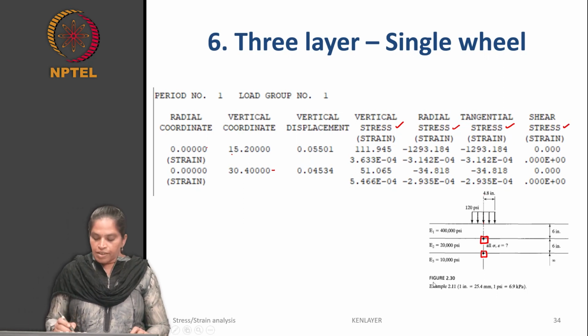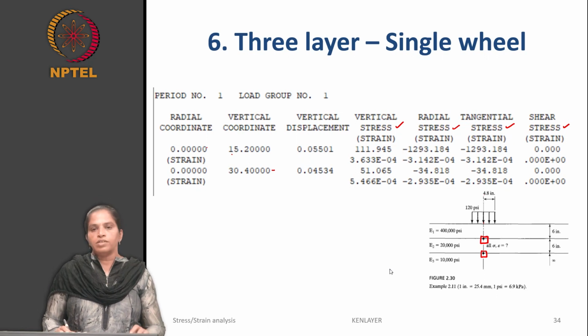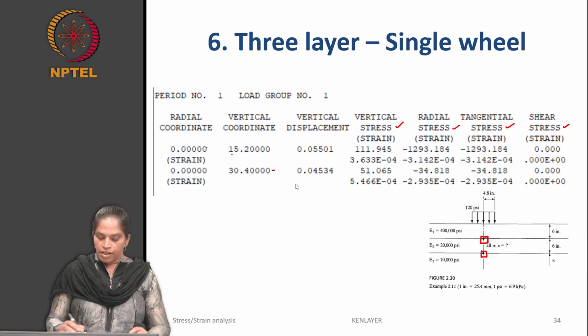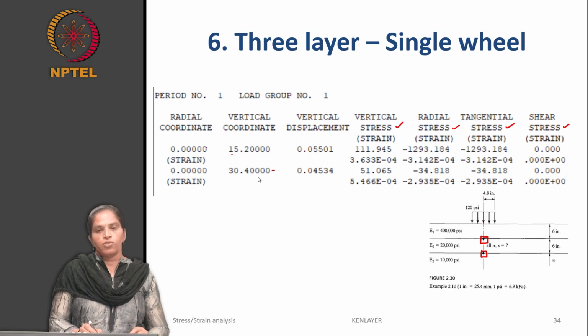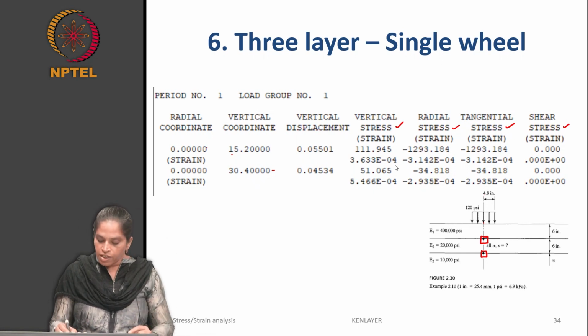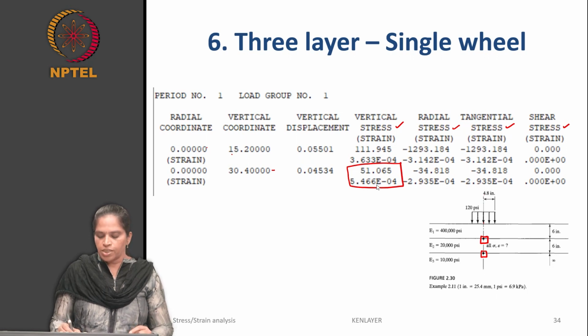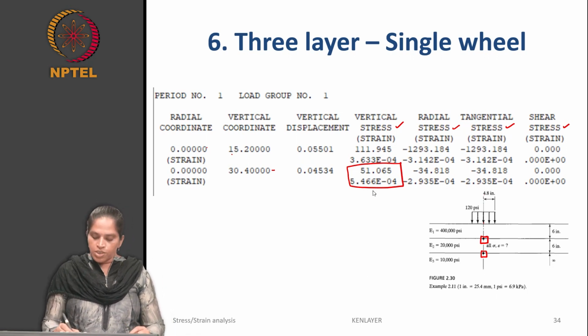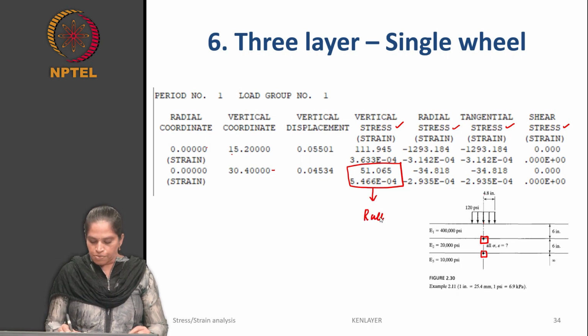Now, the vertical stress and strain at the top of the subgrade layer, that is at a depth of 30.4 centimeter from the surface, are 51.065 and 5.466 E minus 4. This is going to govern the rutting in the subgrade layer.